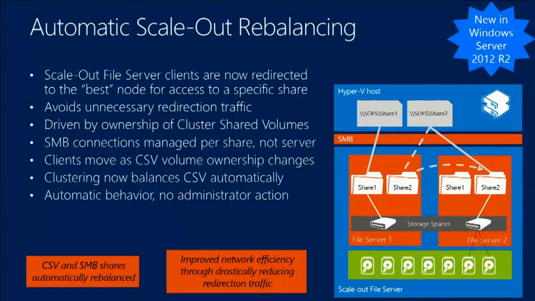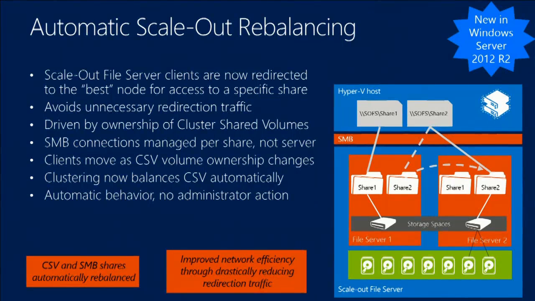So one of the things that we did is we fundamentally changed how a client chooses the node it's going to talk to. In 2012, a client would pick one node of the cluster, and only one node of the file server cluster. Remember the scenario had 64 Hyper-V hosts and 4 file servers?